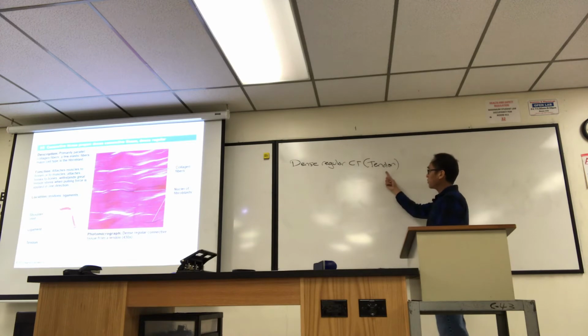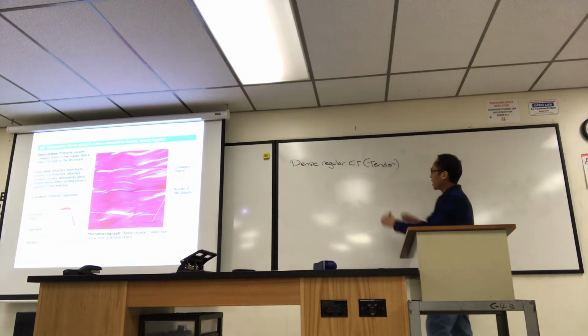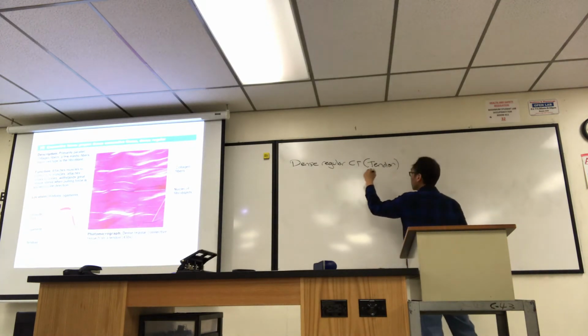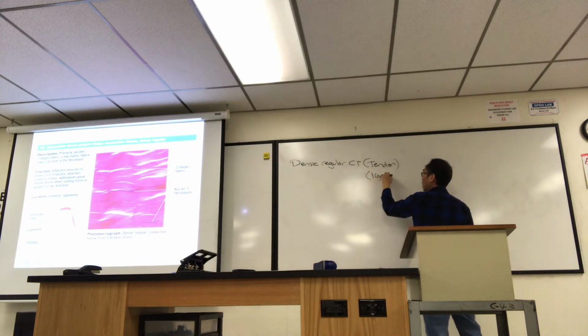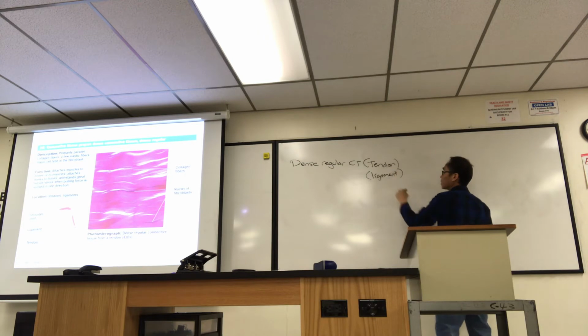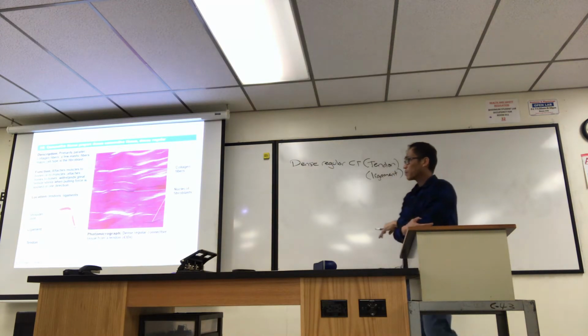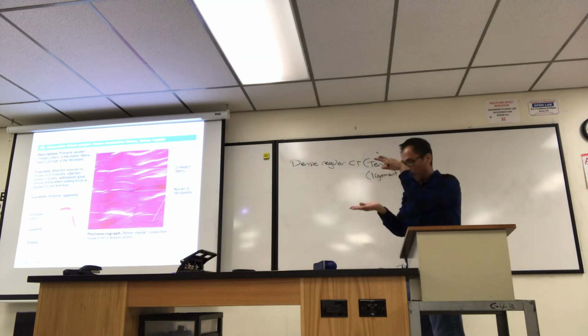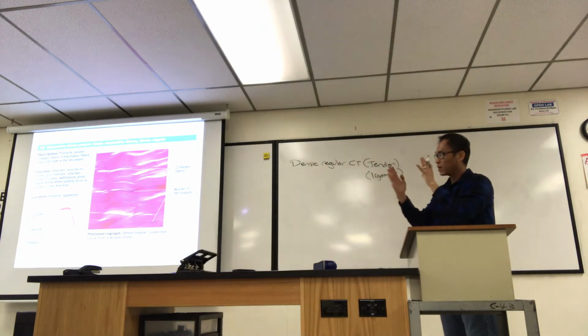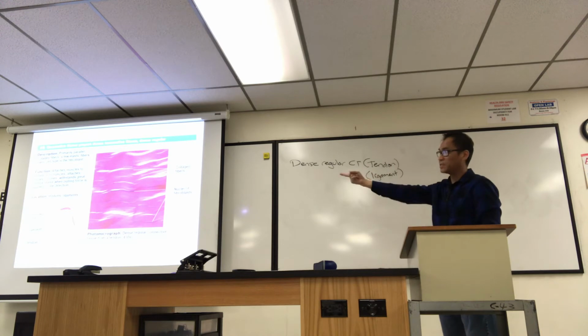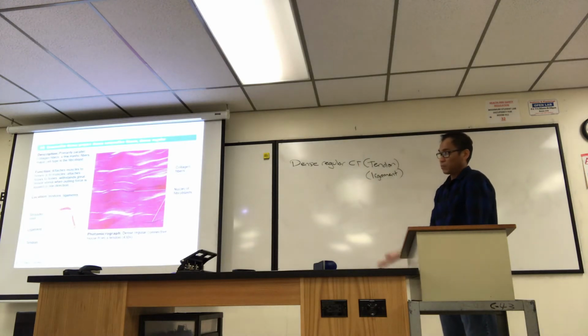Dense regular connective tissue, I would say tendon and ligament are the commonest examples. Just look for the collagen fibers to be more or less packed tightly together and running in one orientation. It's kind of easy to see from the picture. They're more or less running horizontally across the picture there.